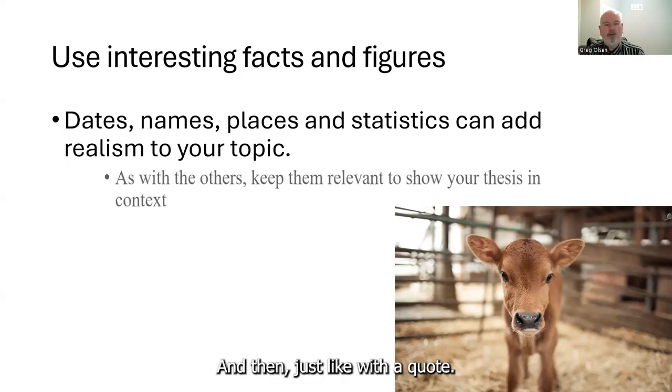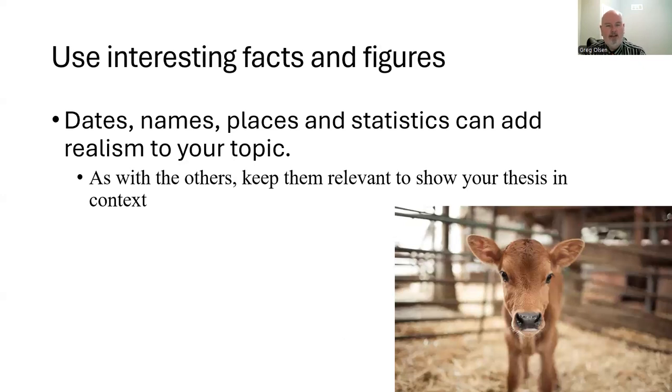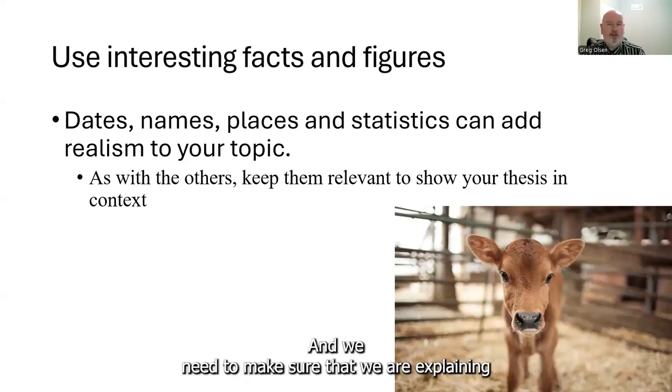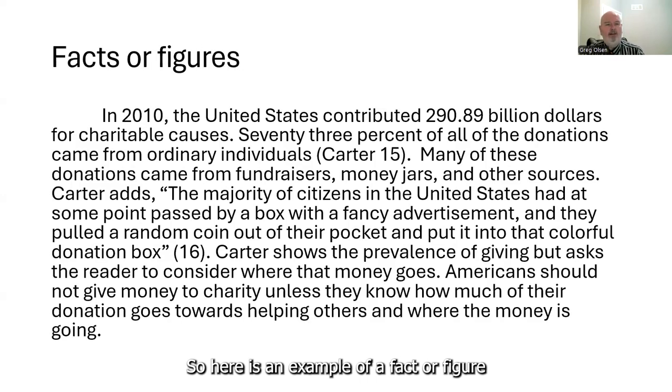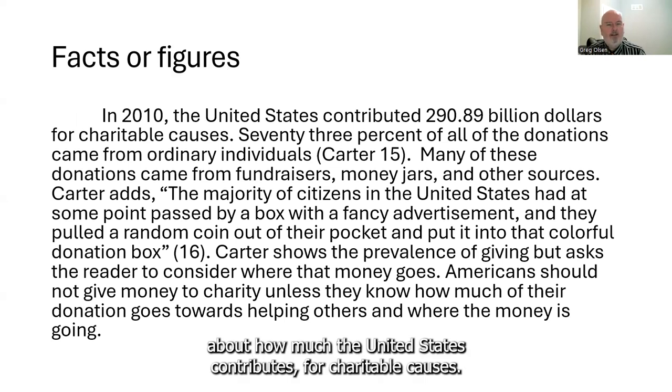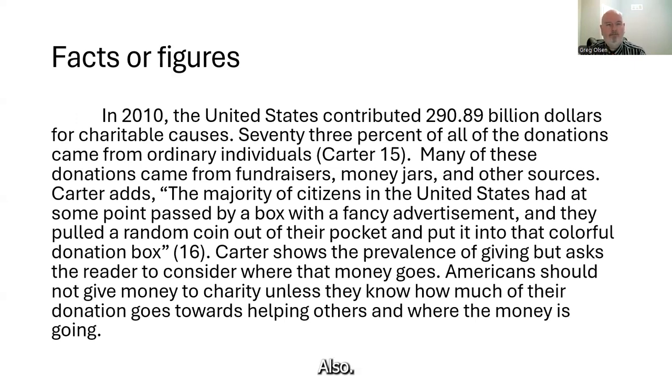And then just like with a quote, we need to make sure it's in context with your thesis, make sure it's relevant, and we need to make sure that we are explaining that statistic or that fact. Here is an example of a fact or figure about how much the United States contributes for charitable causes. You can go ahead and pause and look through this one also.